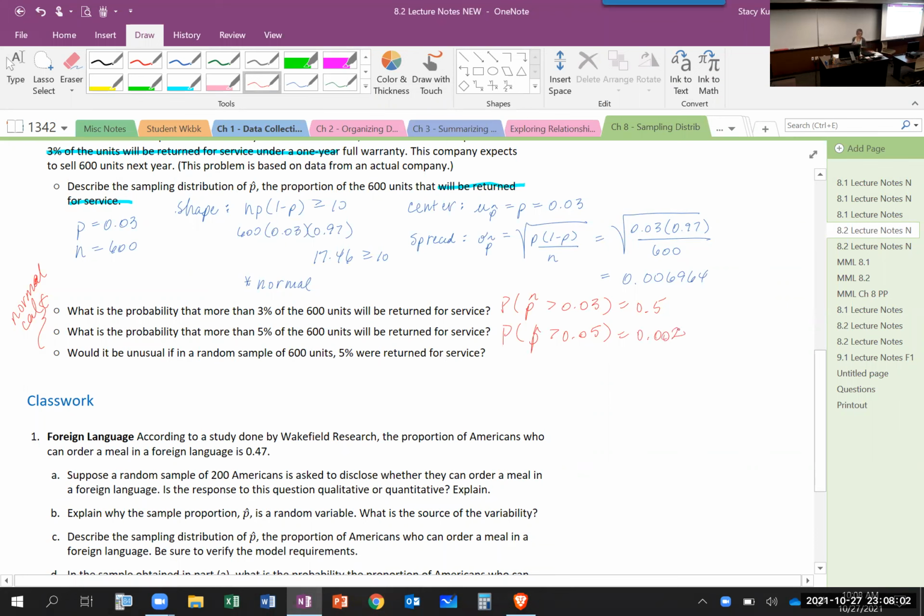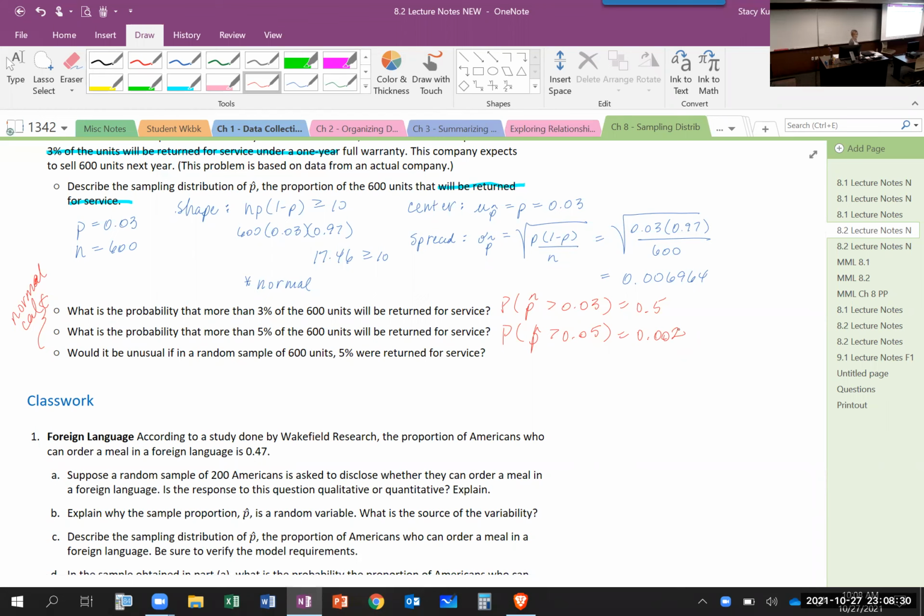So in other words, we are less than 1%. It would be unusual, wouldn't it, to have more than 5% out of 600 units returned for service? Because 0.002 is less than 1%. This would be unusual to have happen.